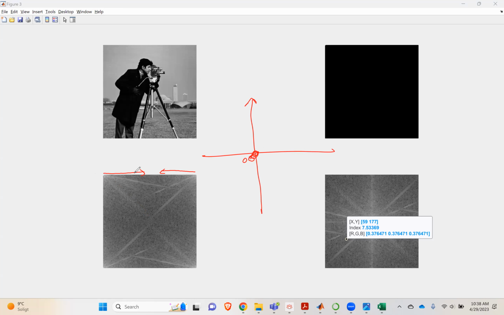So if I just move this position into here, all the plus numbers will be on this side. And all the negative numbers, that means this part, I need to cut that part and take it into here. So this part of the image, I need to move down.